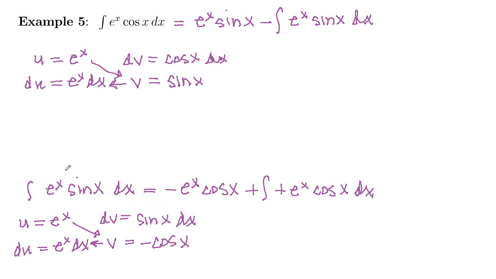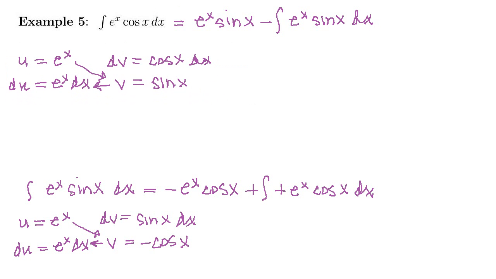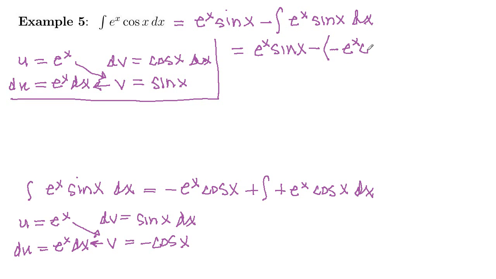And then this expression for the integral of e to the x sine x right here, we'll go ahead and plug that in right here. So in the next step, this will be e to the x sine x minus this whole expression, minus e to the x cosine x plus the integral of e to the x cosine x dx.